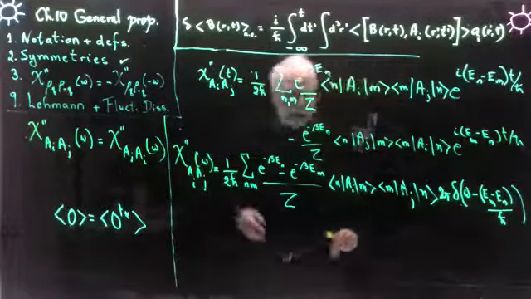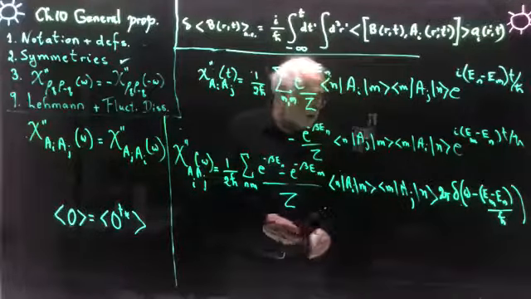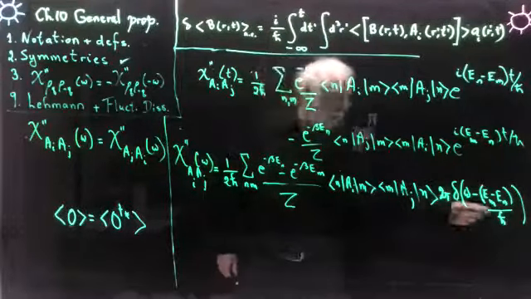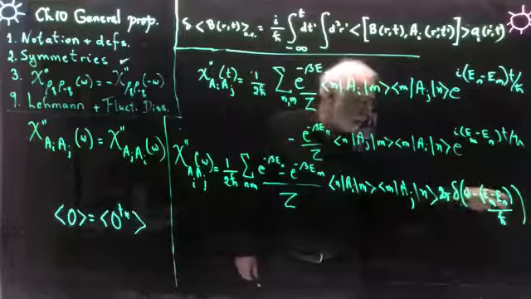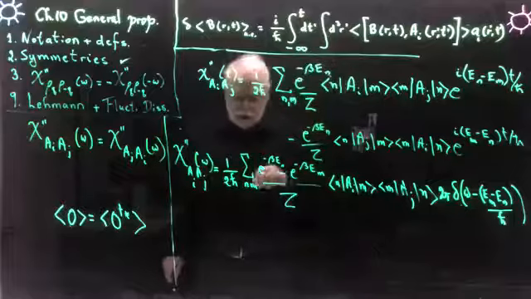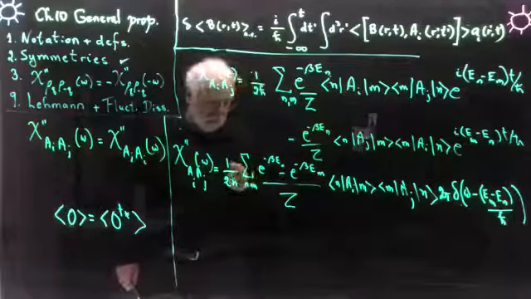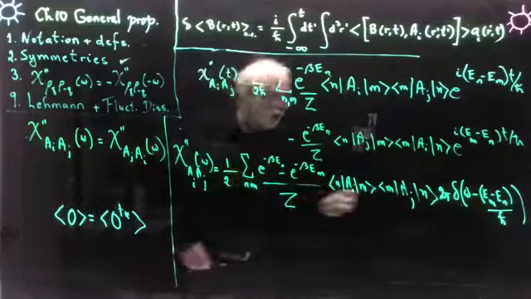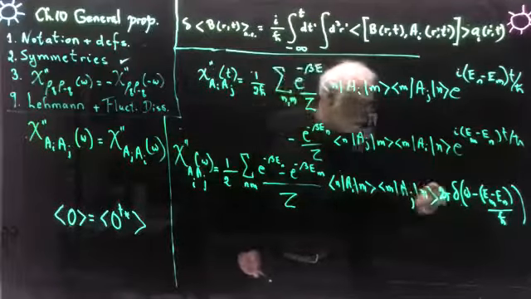And now this 1 over h bar I can multiply by h bar and then it becomes an h bar in front, and then I get rid of this h bar, and so I get 2 pi, and then the 2 disappears.